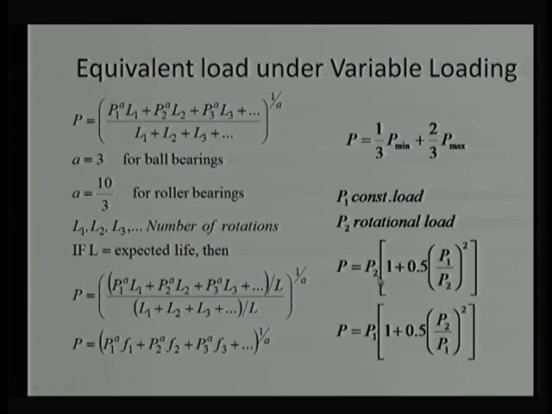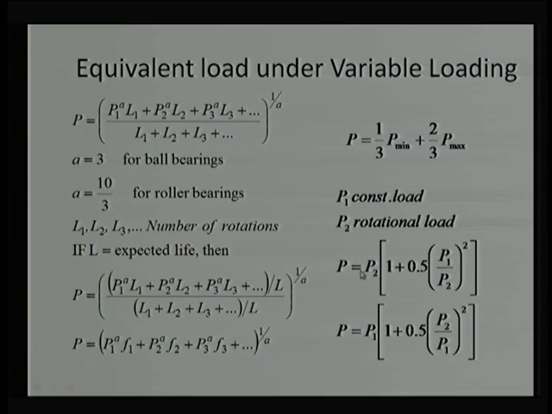Now, wherever the dominating factor comes, if P2 is much larger than P1, then we should use this relation. If P1 is much larger than P2, then we should choose this relation. Sometimes people can think, what will happen if P1 is equal to P2?